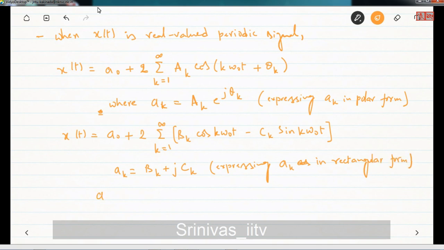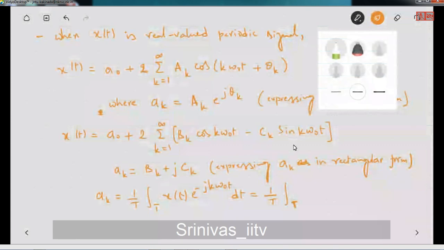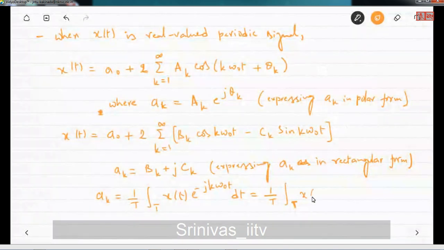And how do you find a k? a k is again 1 over t integral x of t e power minus j k omega naught t dt, or it can also be written as x of t e power minus j k 2 pi by t small t.